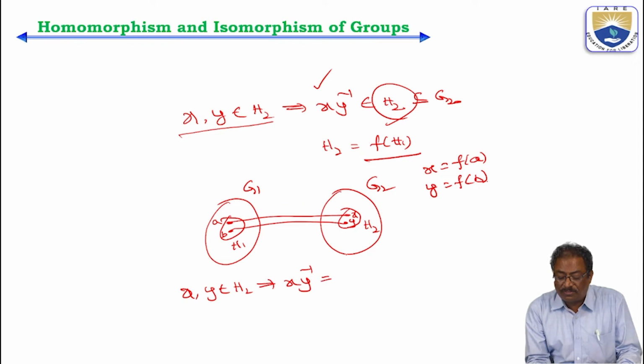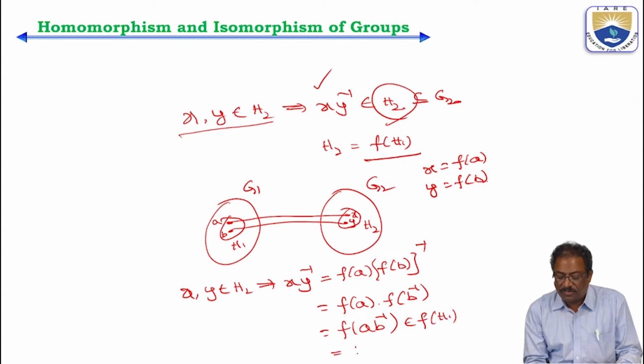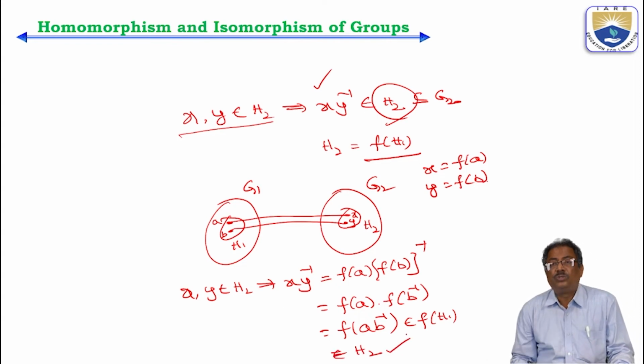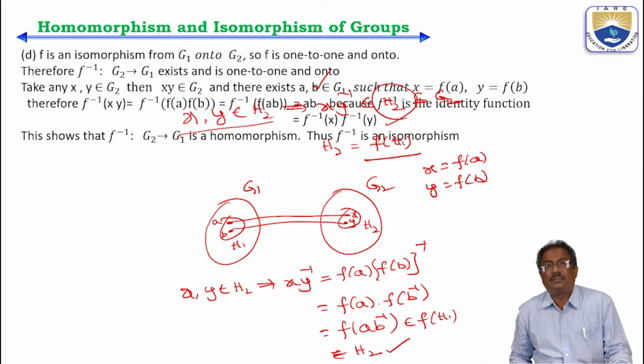XY inverse is nothing but f of A and f of B whole inverse, which is f of A and f of B inverse, which by applying the homomorphism is f of AB inverse. And AB inverse belongs to H1, so f of H1 is nothing but H2. So XY inverse also belongs to H2. So we can say that H2 is a subgroup, which is a subset of G2, so it is automatically a subgroup.